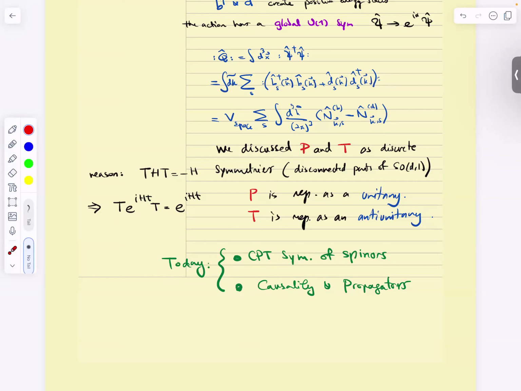Now, today we're going to answer the question: this was a scalar field. How does C act on psi_alpha of x? How does P act on psi_alpha of x? And how does T act on psi_alpha of x? I've already hinted at some of these transformations, but we're going to see them explicitly today. First thing to notice is that the action of T, through T^mu_nu, is going to reverse the time for sure.